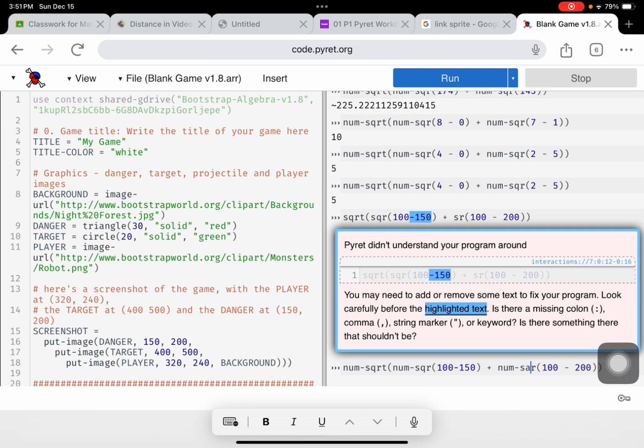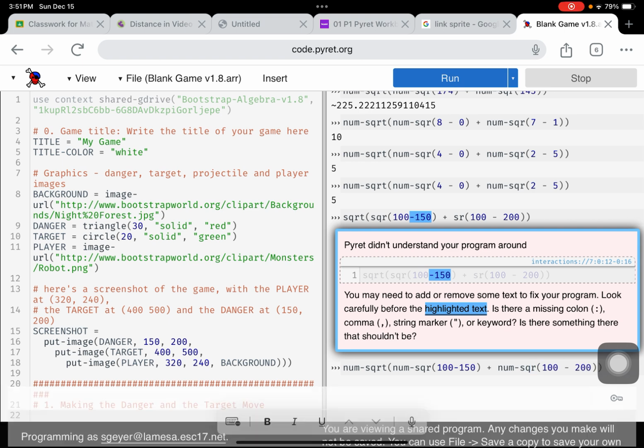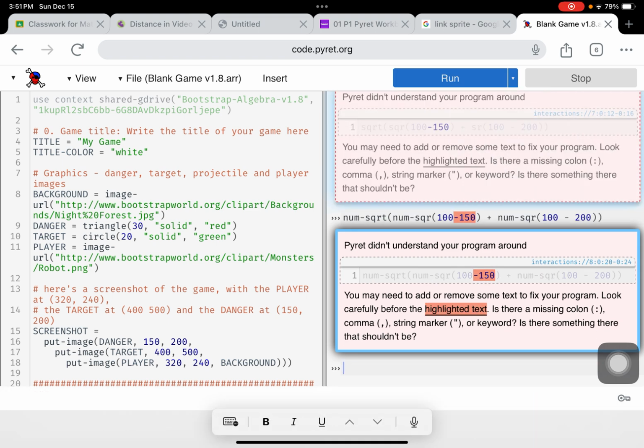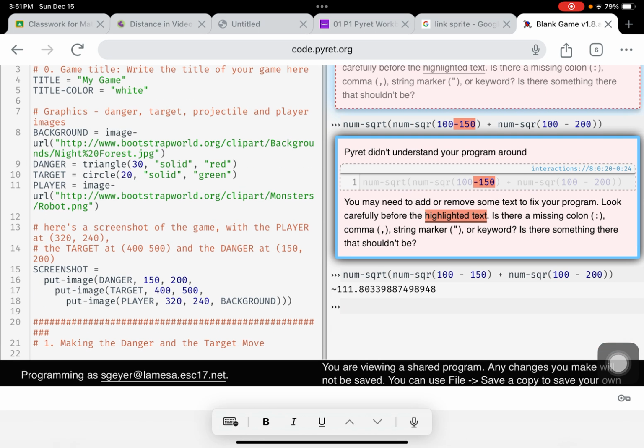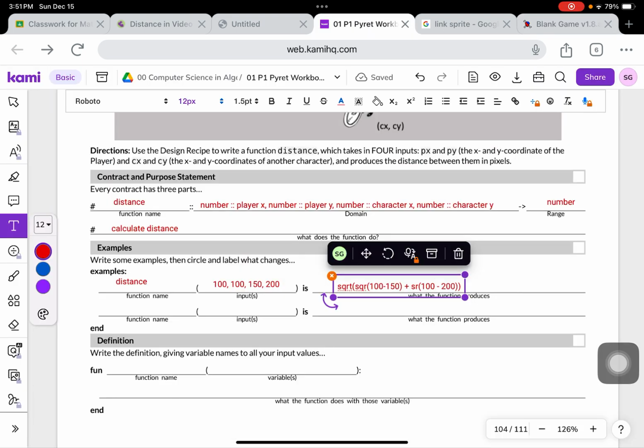I was just doing a shorthand because this is just an example. Oh, I forgot the space because it was just an example. Okay, so it gives you about 111.